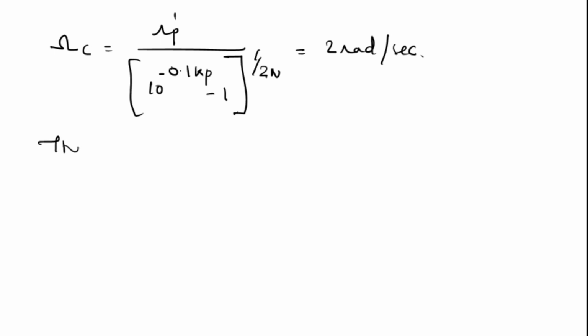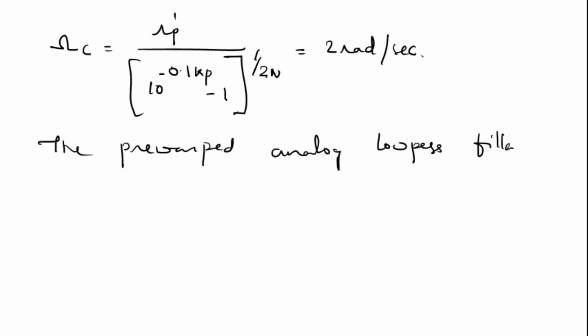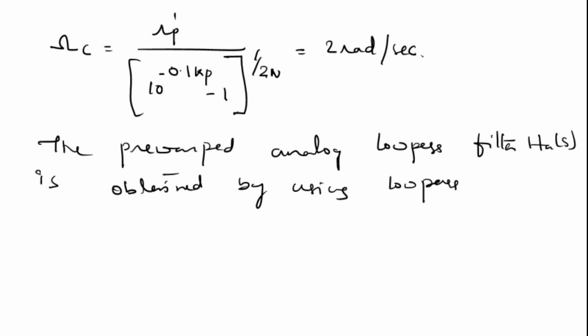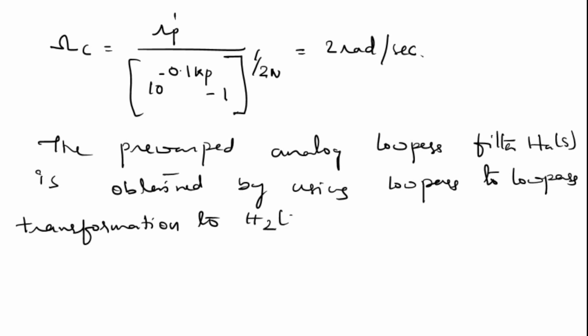Then the pre-warped analog low pass filter H_a(S) is obtained by using low pass to low pass transformation to H_2(S).